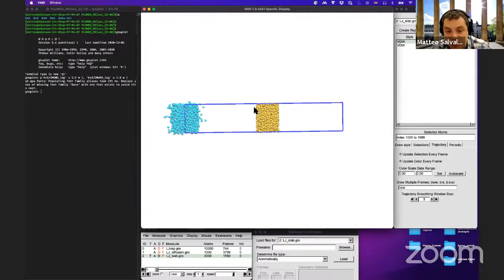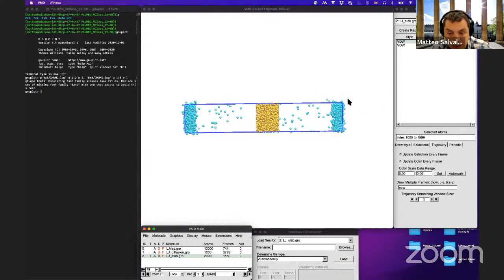This yellow region is maintained fixed, so essentially to minimize the computational cost of these simulations, this is simply acting as a completely inert support. But the blue particles here, that at the beginning of the simulation are all in the reservoir, are subject to the SimuMD type of algorithm.